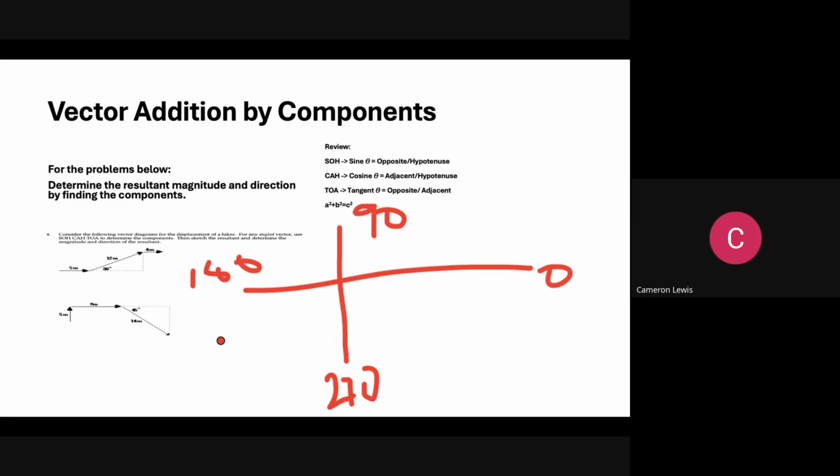All these angles were positive, right? Clockwise will be going to 270. Which would be positive or negative?